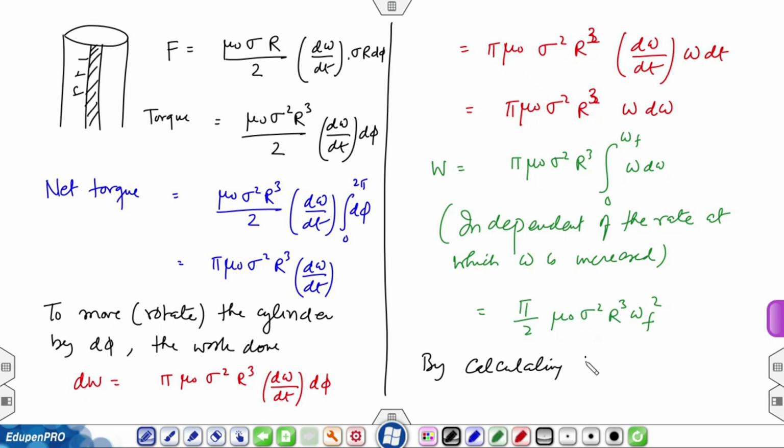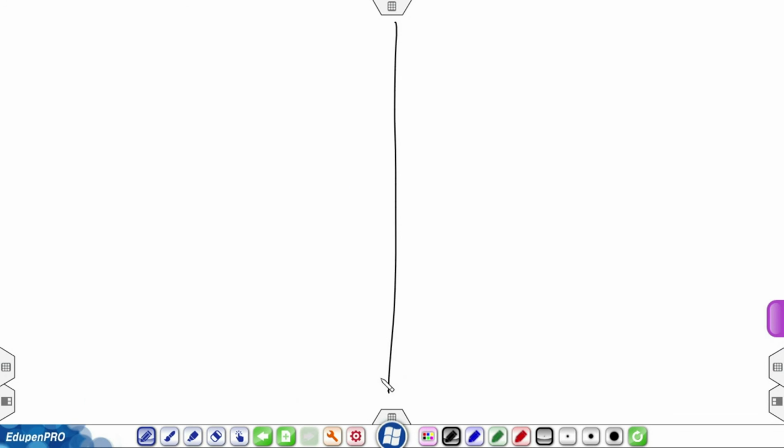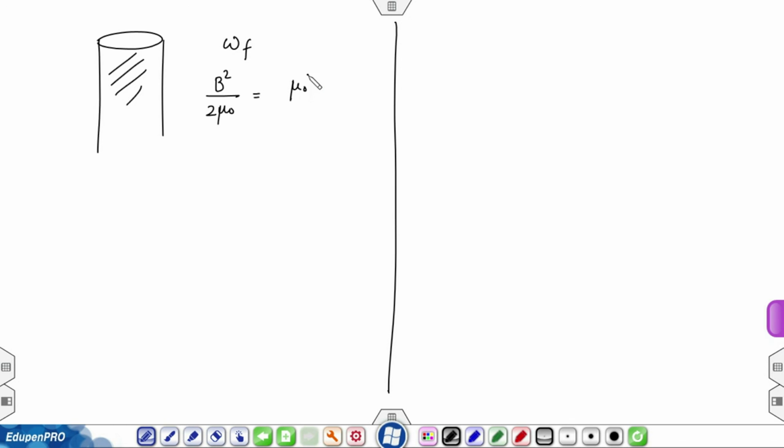Calculating the energy change. If I were to do that, we will find that when this cylinder is rotating with omega final, the energy density is B square over 2 mu 0, which is equal to mu 0 square k square over 2 mu 0, and this we have already calculated is equal to mu 0, k is sigma omega r, so omega final square over 2.